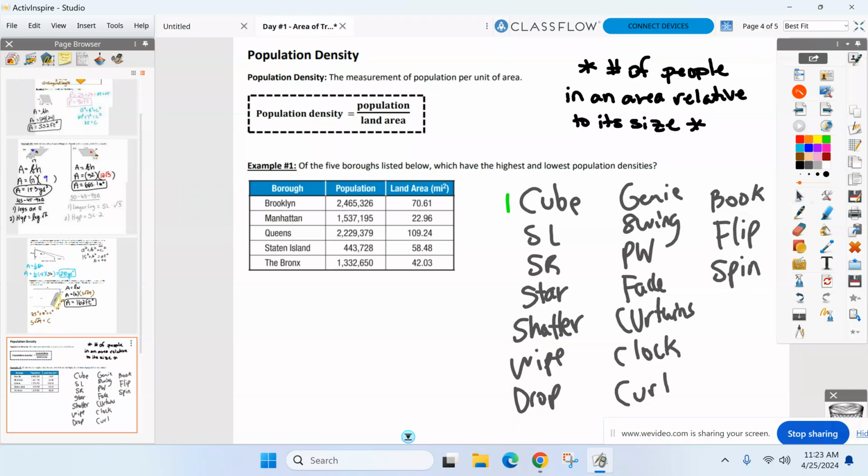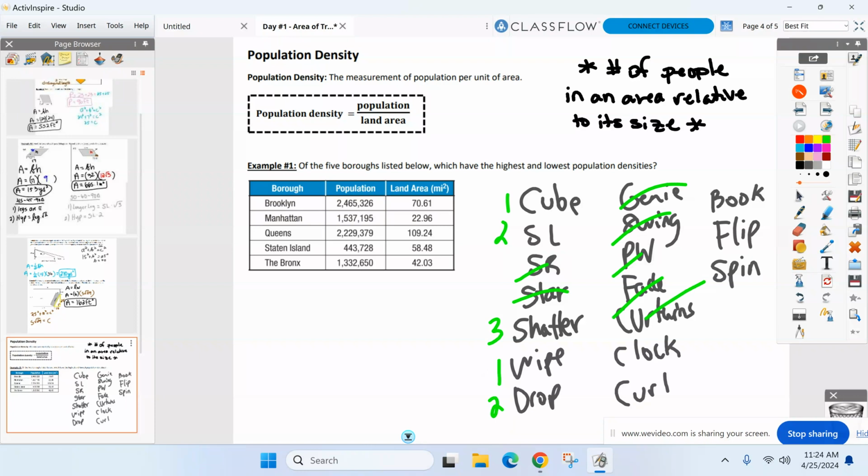Slide left. Slide right. Stars. Shatter. Flip, wipe. Drop. Genie. Swing. Pinwheel. Fade. Curtains.